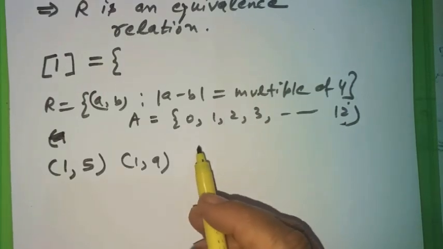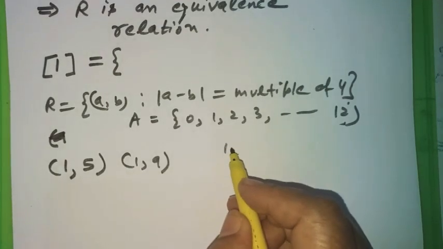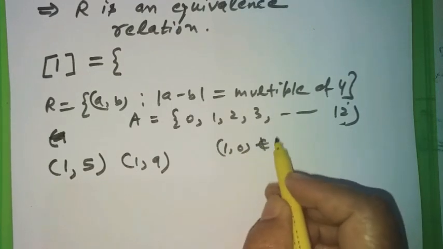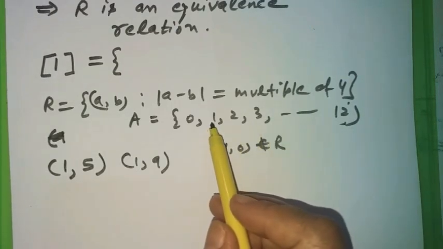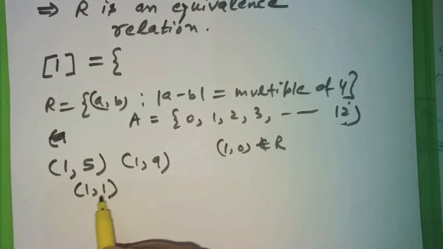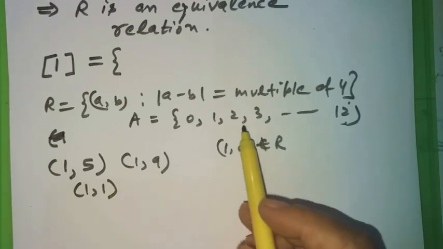You can yourself check that if you take 1 with 0, the difference of 1 and 0, it is not a multiple of 4, so it is not belonging to R. Difference of 1 with 1 is 0. Yes, of course. 1 is related to itself also because difference of 1 with 1 is 0, which is also a multiple of 4.